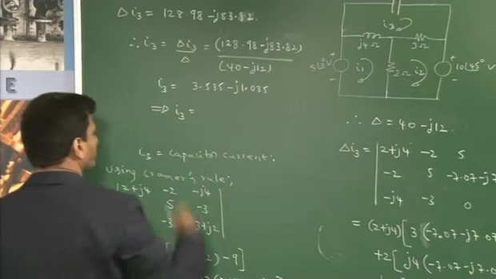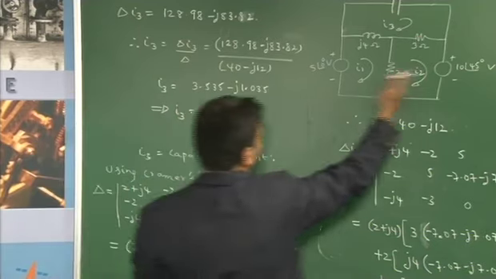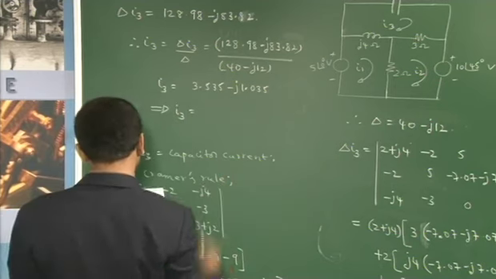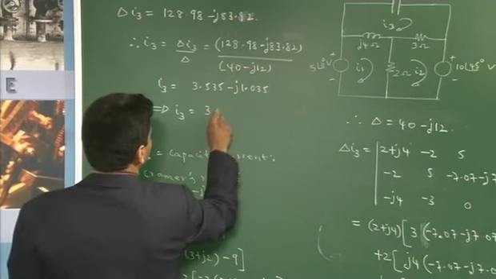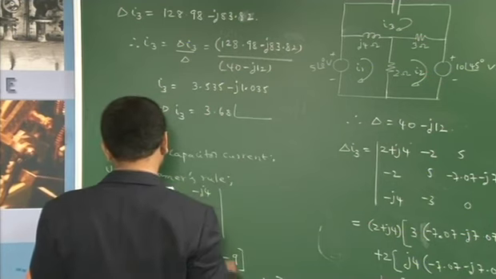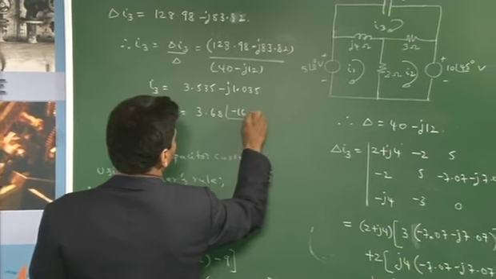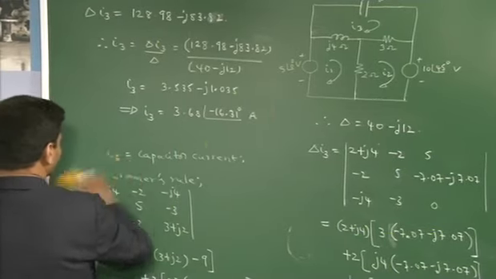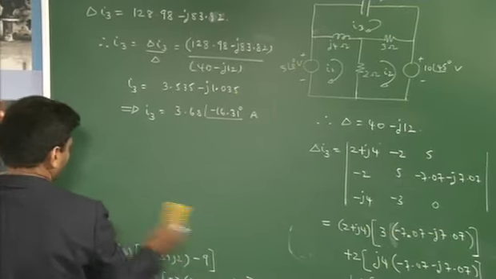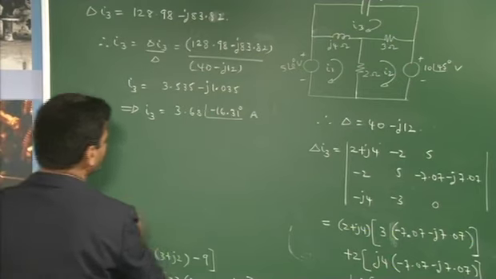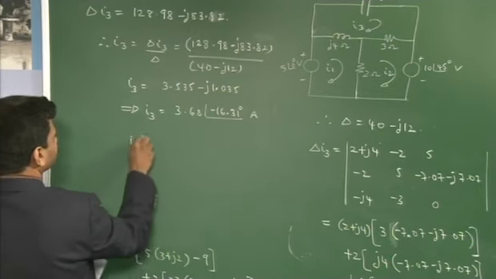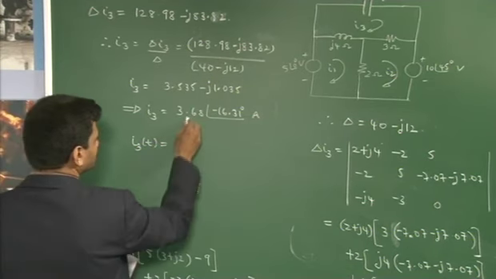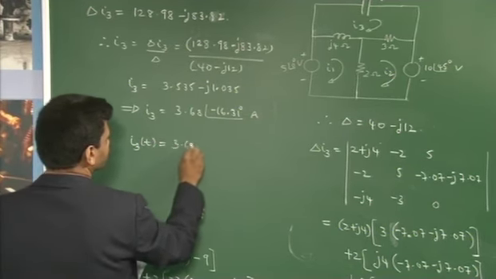So whatever we have obtained is what? When the sources are in the phasor form, even the responses will be in the phasor form. So when I convert this into polar form, what do I get? 3.68 at an angle of minus 16.31 degrees amperes. So this is the phasor of the current response. Now if I want I3 of t, I3 of t is written as, this represents the amplitude, 3.68.